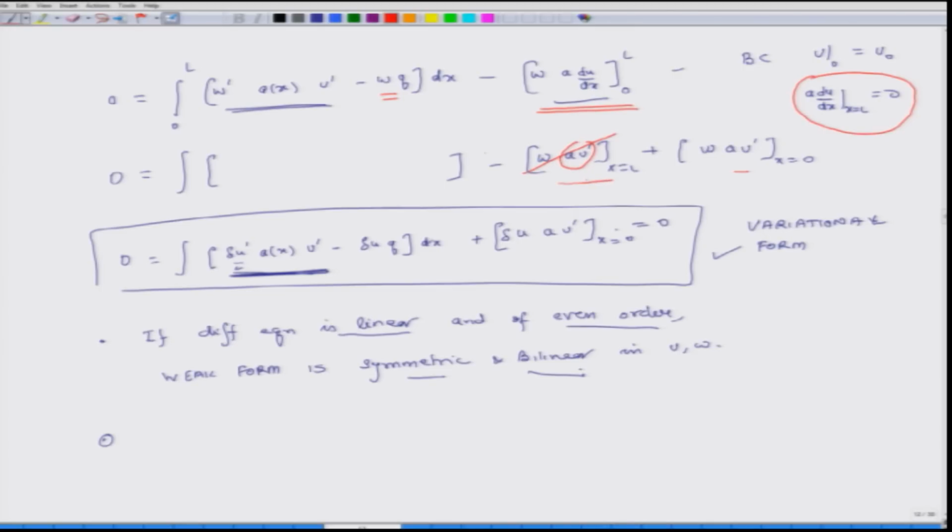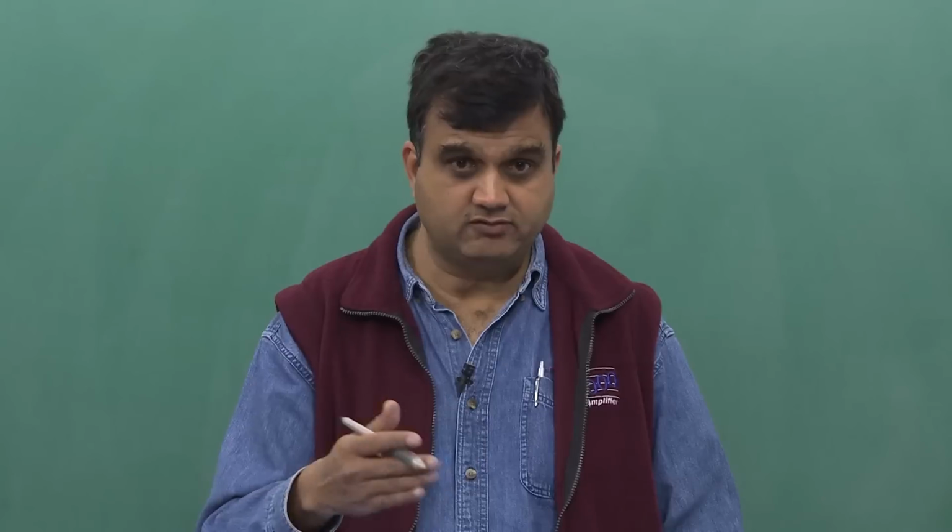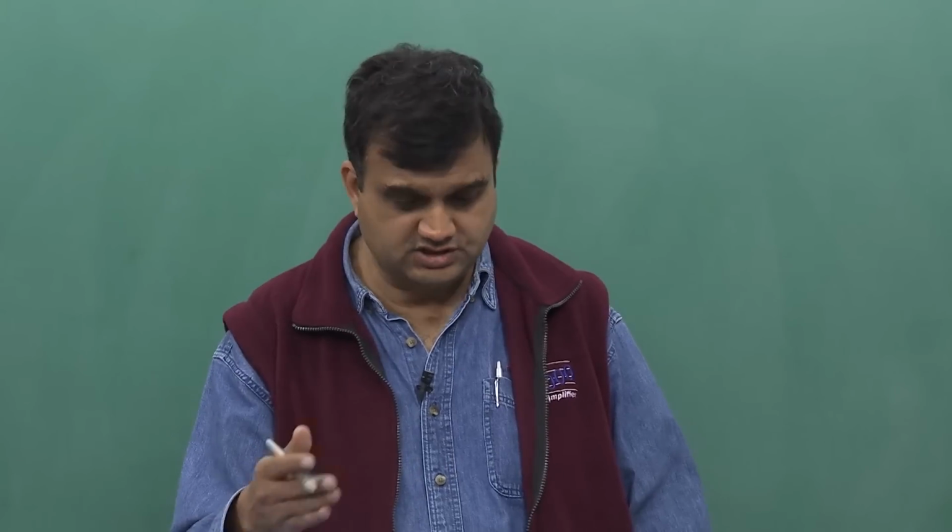So, this term is 0, right, and at x is equal to 0, u naught is specified. So, W will be 0 because it represents the variation, and because that is specified, it is 0. So, in my L functional, which is a linear functional, only this term will appear in the context of these boundary conditions. If the boundary conditions differ, then it can change.